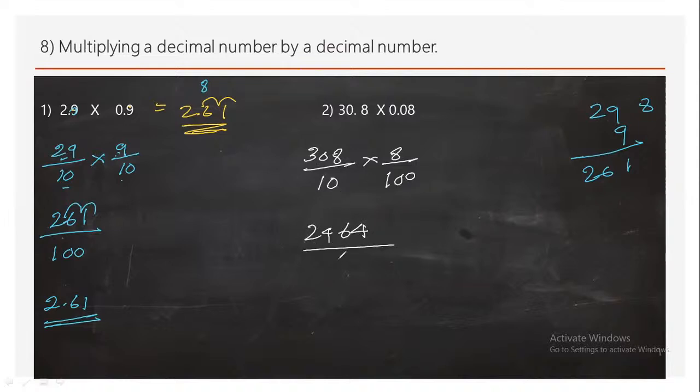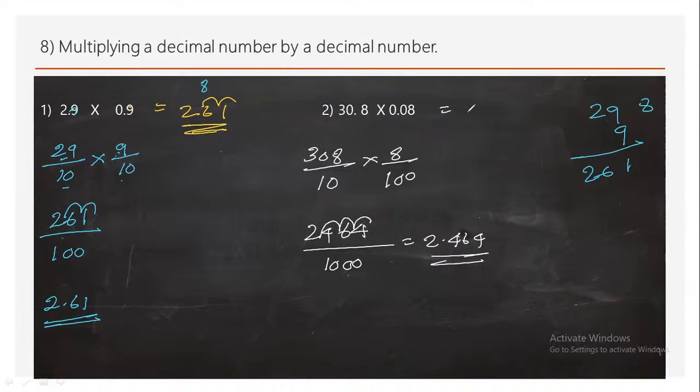Over the line 10 into 100, 1000. So this moves three decimal places towards the left-hand side. Then 2.464 is the answer. Instead of doing so, you can directly write 308 multiplied by 8.